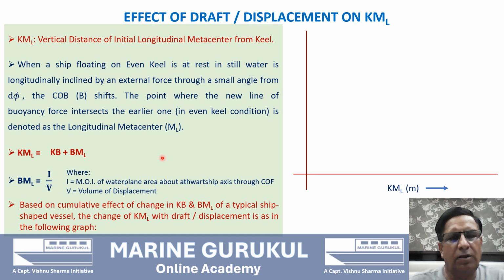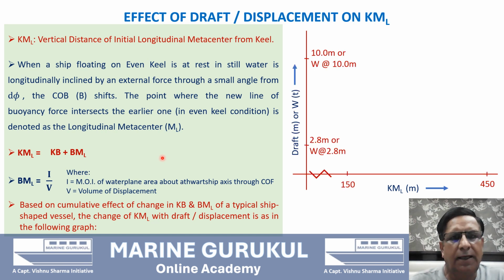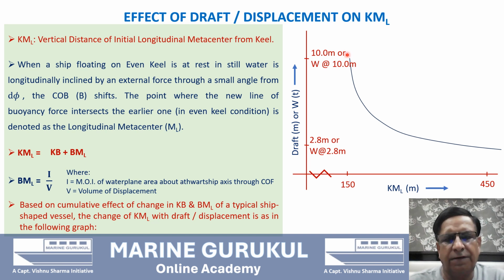We have KML on the x-axis, we have draft or displacement on y-axis, and the graph is typically like this. It's quite high when the draft is low. It reduces as the draft increases, and then it is more or less steady with very slight difference. This is the graph which represents typical variance of KML with change of draft or displacement of the ship.